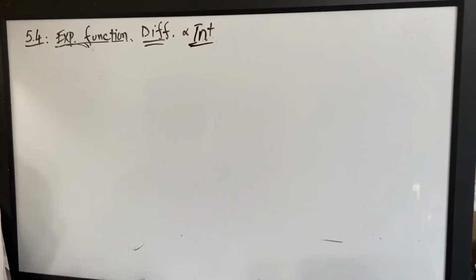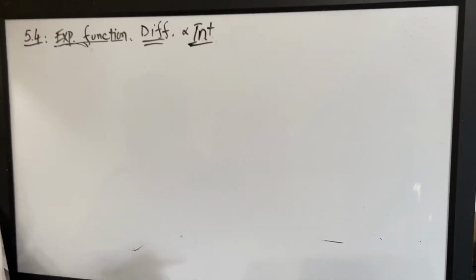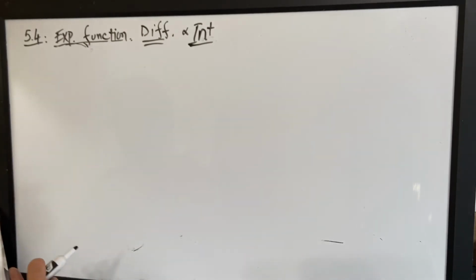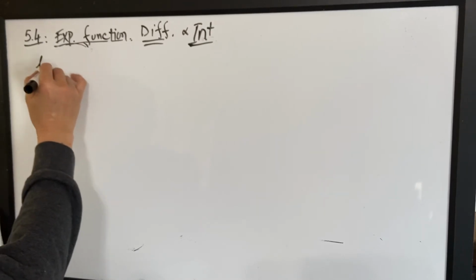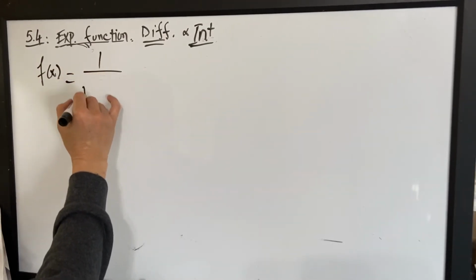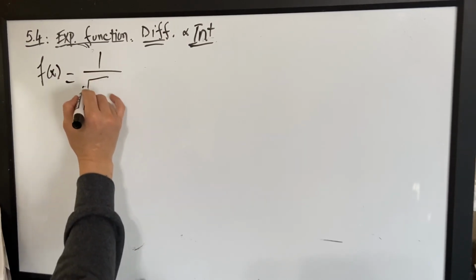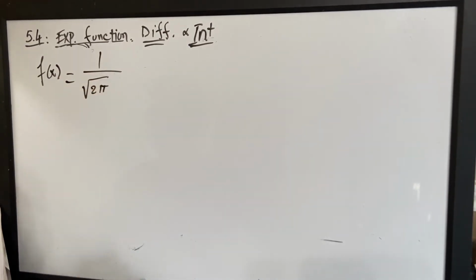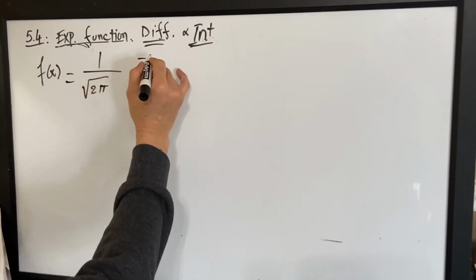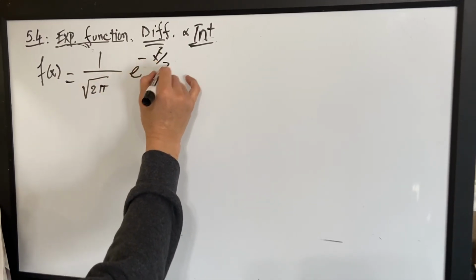Here we go. Example 5 is to show the standard normal probability density function. When you enjoy probability and statistics, you will see a graph like this. It has sigma and 1 over the square root of 2 pi. Notice pi is inside the radical. e to the negative x squared over 2.